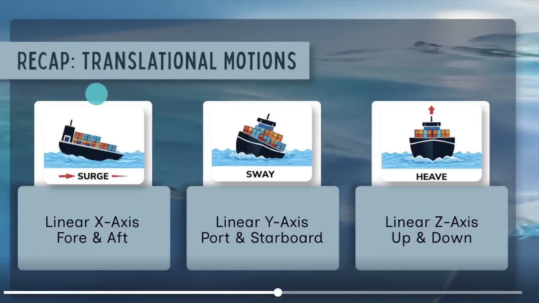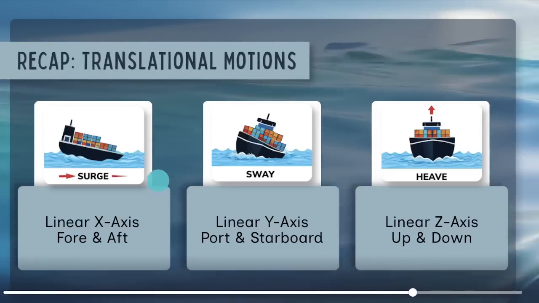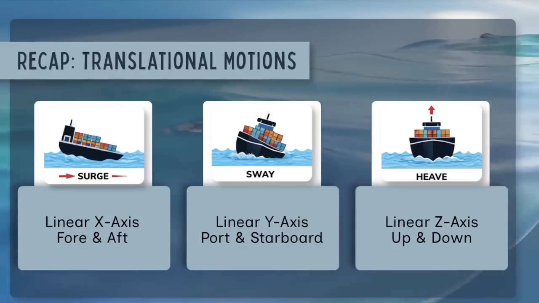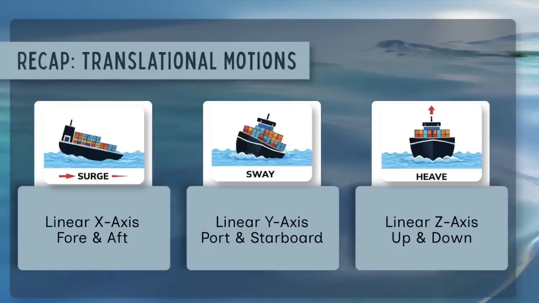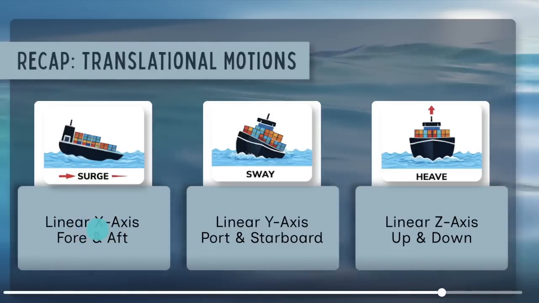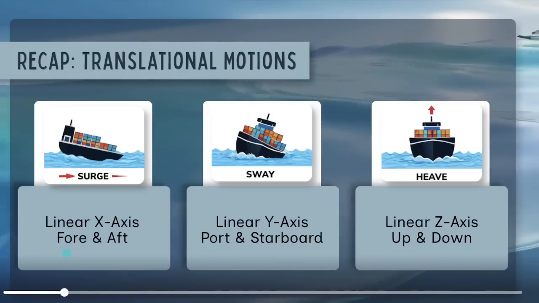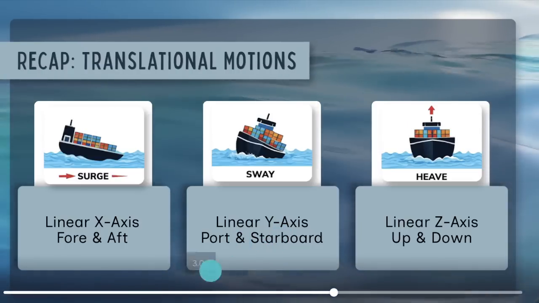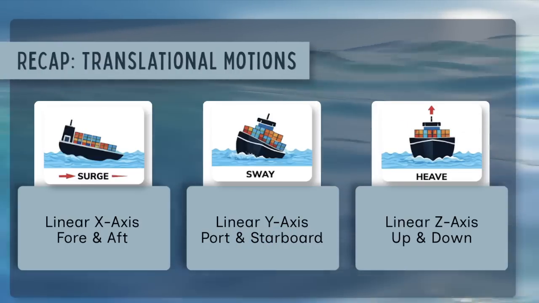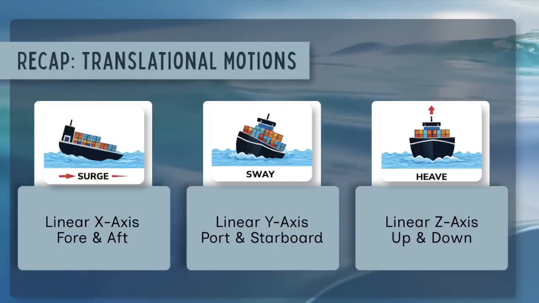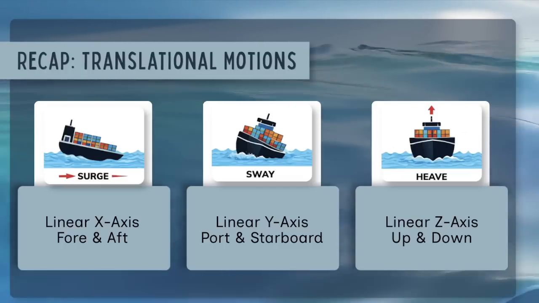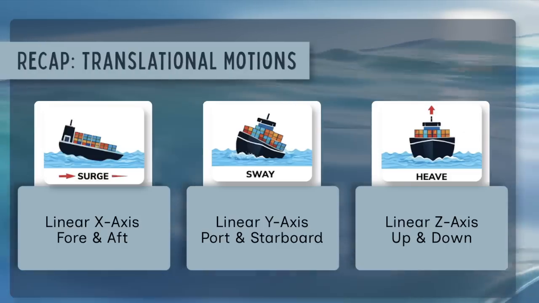We have the 3 types: the surge, sway, and heave. We discussed the linear x-axis for fore and aft, the linear y-axis for port and starboard. We also have the linear z-axis, the up and down motions.